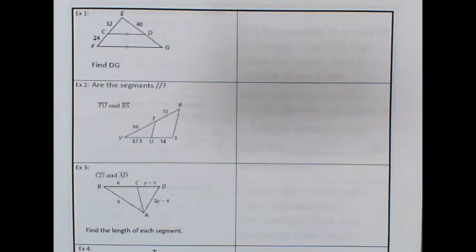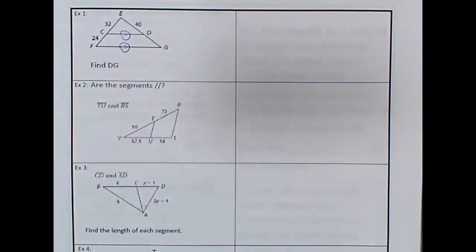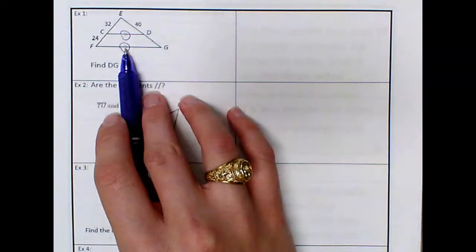Or I could use the triangle angle bisector theorem, which has to include an angle bisector. So there are certain things that have to be involved in the figures in order to use these theorems. So in example 1, I notice that I have parallel lines here, or at least parallel line segments. So that tells me I'm probably going to use the triangle proportionality theorem because that's the one that states that 2 lines are parallel in the hypothesis.